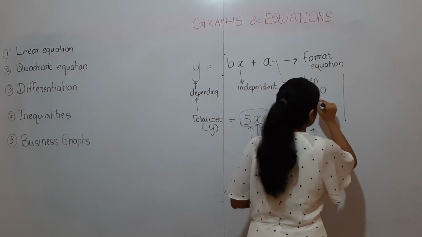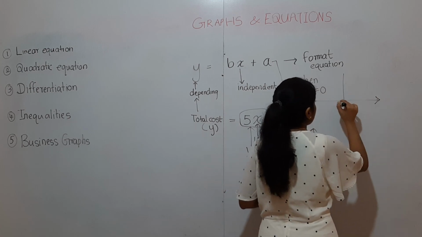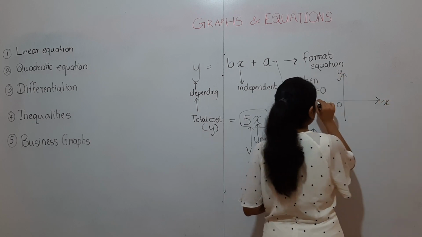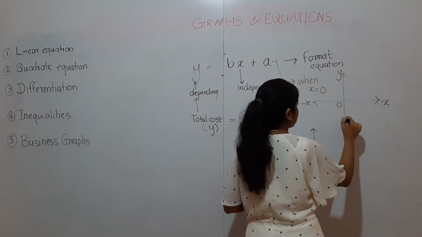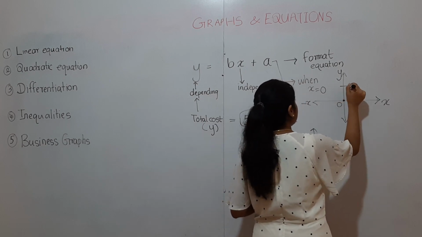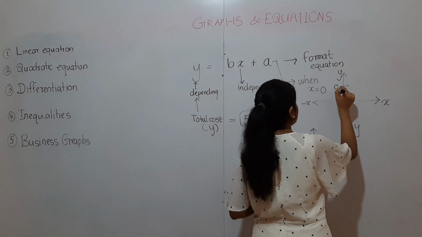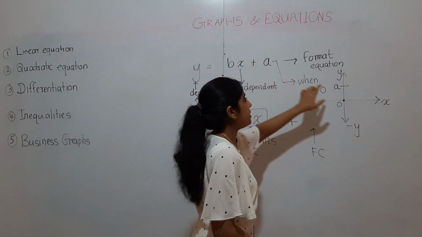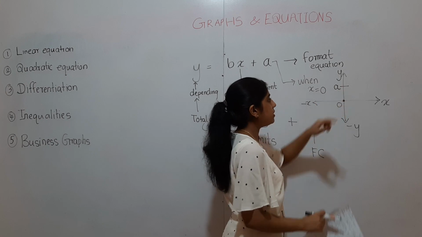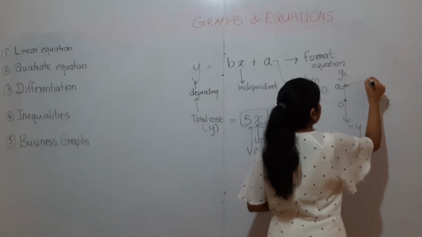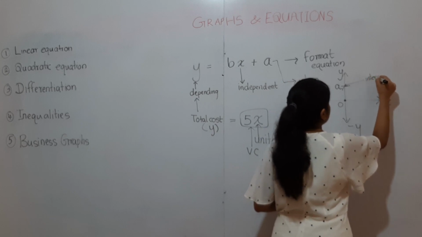That means if you draw the graph, this is always the y-axis, this is always the x, this is minus x and this is minus y. So when x is 0, y is some figure, that is always this a. This a is only in the graph plotted here as the intercept. It is called the intercept.